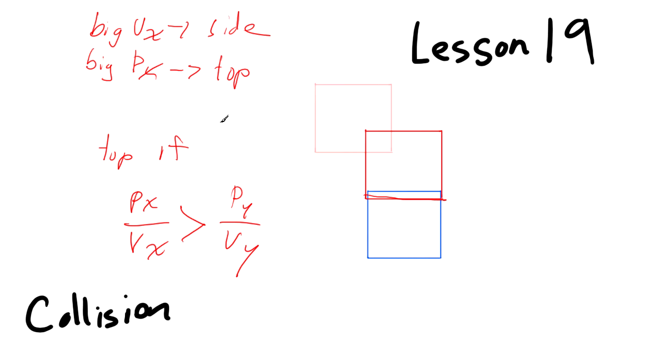Because if we're moving very fast to the right or left, chances are we're hitting the side of something. Whereas if we're going up and down, very little left and right, this goes small, which makes this thing bigger, right? A big Vx would make this whole term smaller, which would give it a bigger probability of being smaller than this one, falsifying this, making it side. So this is how I did it.